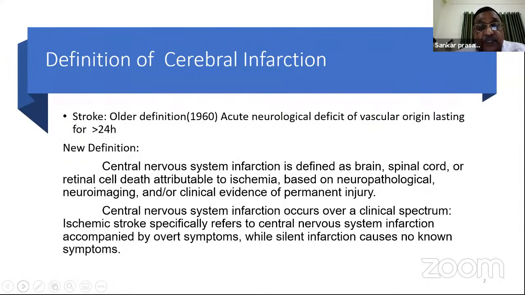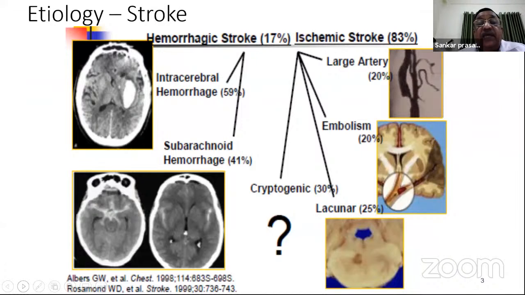So the understanding of stroke has evolved over the years. As you all know, it has been introduced already that hemorrhagic stroke is 17%, and subarachnoid hemorrhage 41%. If you look at the ischemic stroke, the large artery occlusions are about 20%, and the lacunar are about 25%.